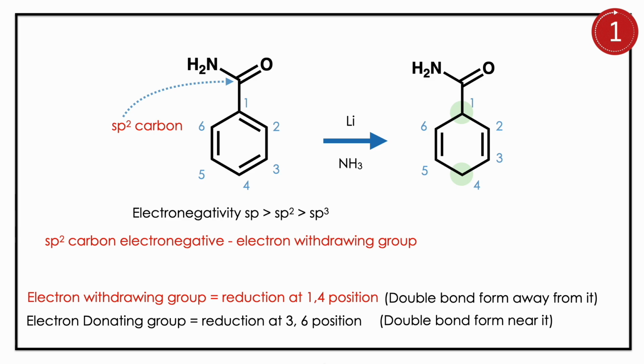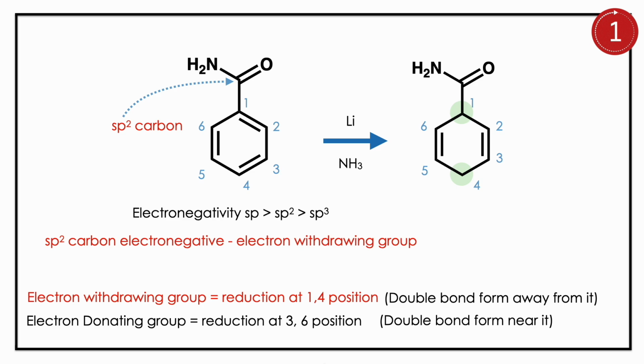It is electronegative because the electronegativity of sp is higher than sp2, which is higher than sp3; sp2 is electronegative because of more s character. So the anion forms near CONH2. The reduction happens at the carbon near the amide group. So 1,4 reduction happens, and the final product forms like benzoic acid.